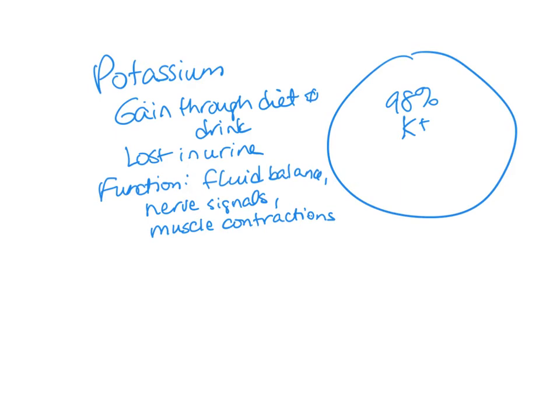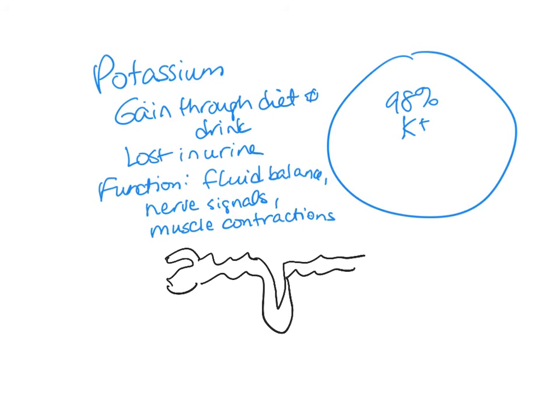Potassium is going to be excreted in the kidney tubules. So if we look at our tubules here, and we look at the blood, if potassium increases in the blood, then more potassium will be excreted.